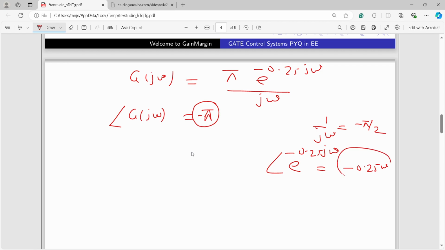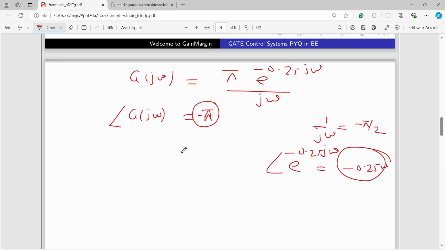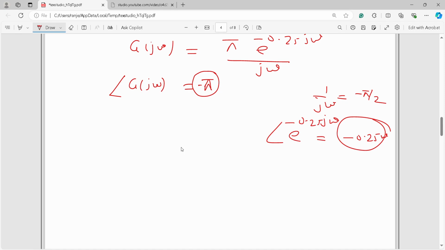So minus pi equals minus pi by 2 minus 0.25 into omega.